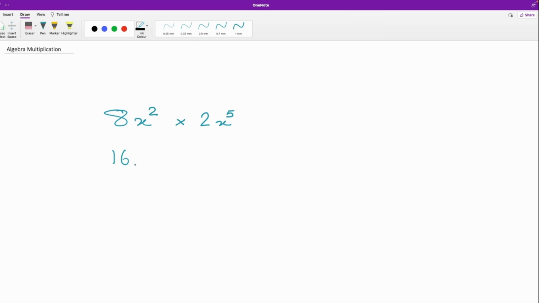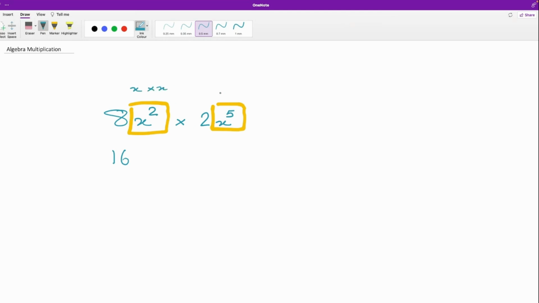The final step is having a look at our pronumerals. We have x squared multiplied by x to the power of 5. Now, in this case, what's important to note is that whenever we have like pronumerals with different powers, those powers actually add together. And this is something that we'll be covering in the future with index laws. But for now, all you need to know is x squared essentially means x times x.